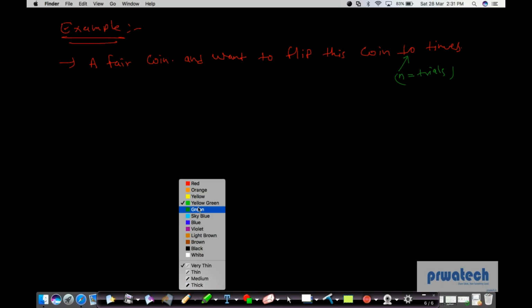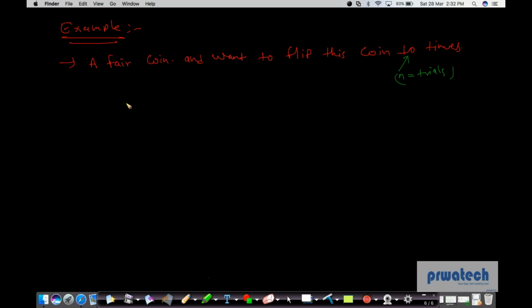I'm putting two scenarios with this example. If I get a head, let me say H, I will take a left turn. Maybe I'm standing right here, in this position, on a circle.